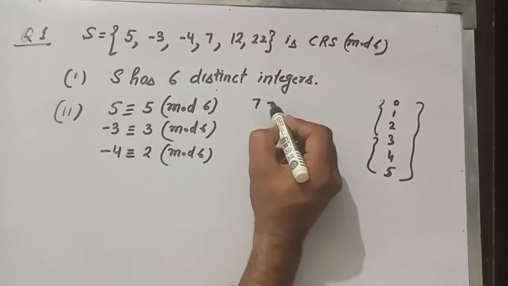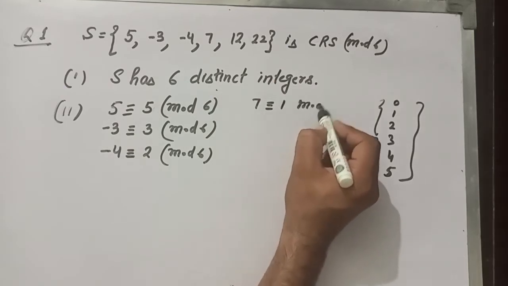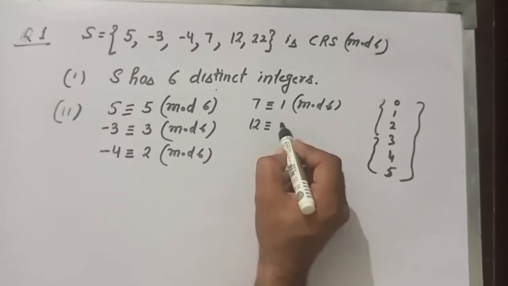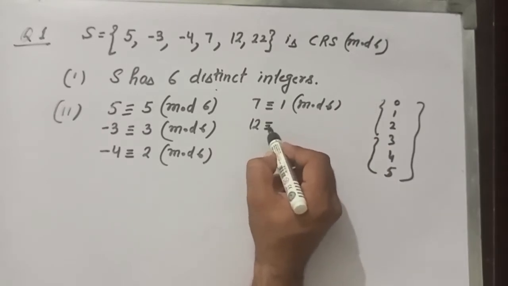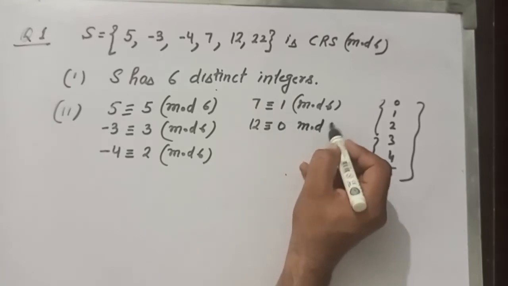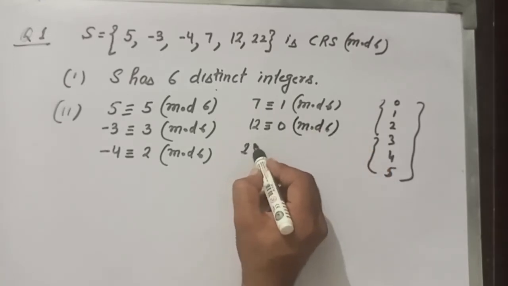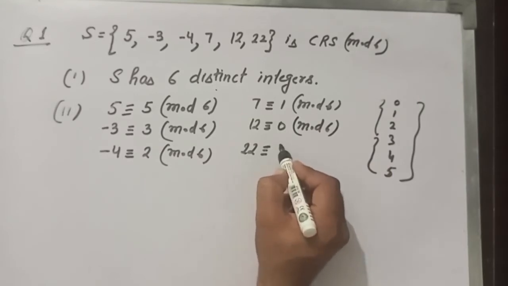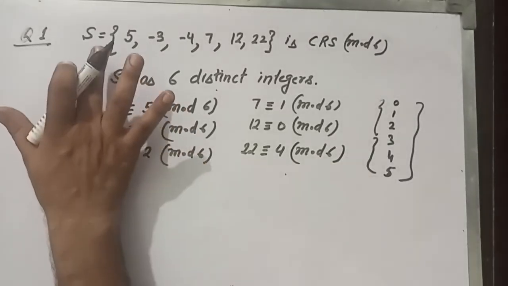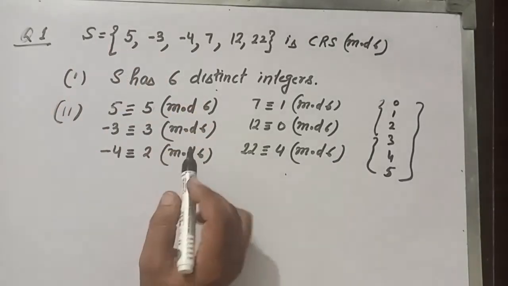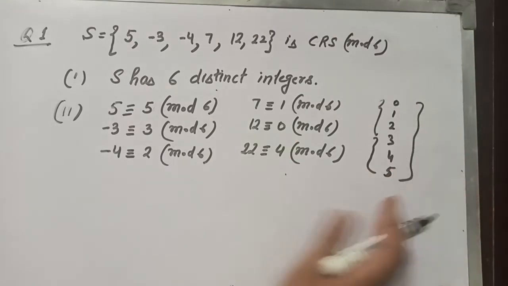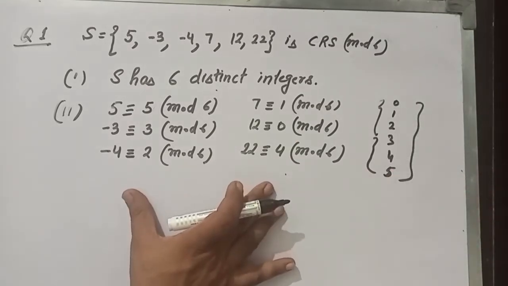Now 7 is congruent to 1 modulo 6. 12 is congruent to 0 modulo 6, and 22 is congruent to 4 modulo 6. So any integer from the set S is congruent to some integer from this set exactly once. So this is a complete residue system modulo 6.